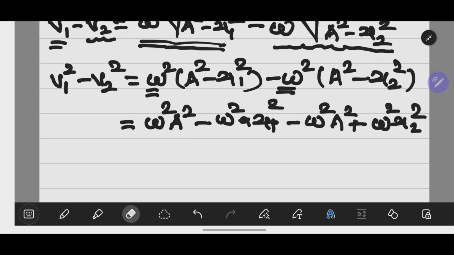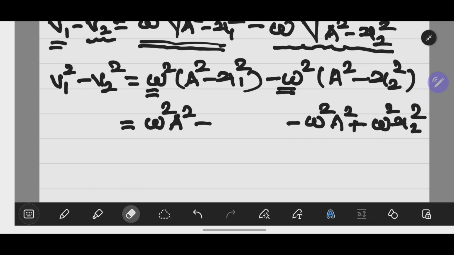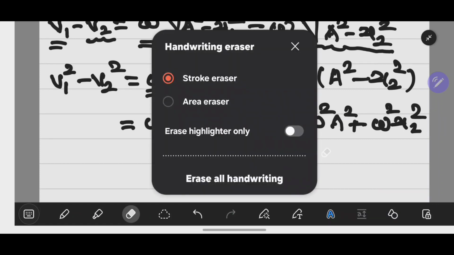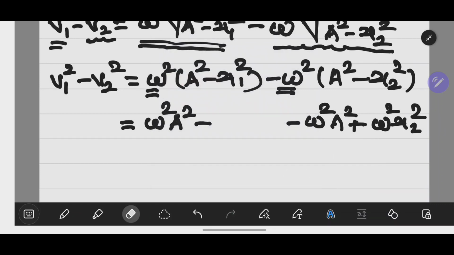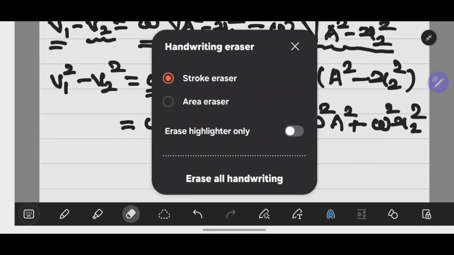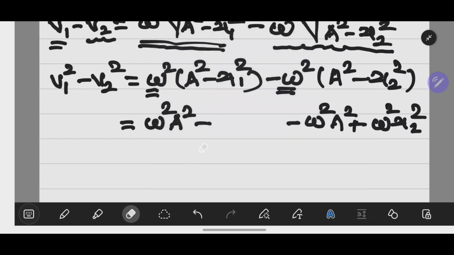I will repeat this one. See, omega squared into x1 squared.